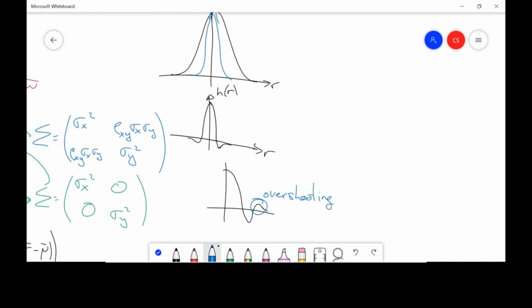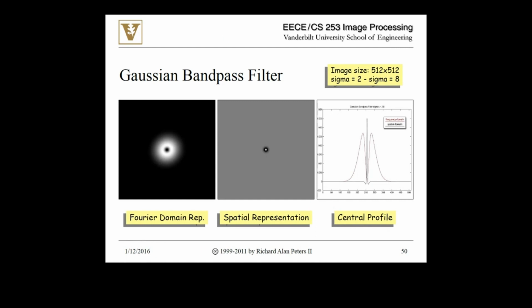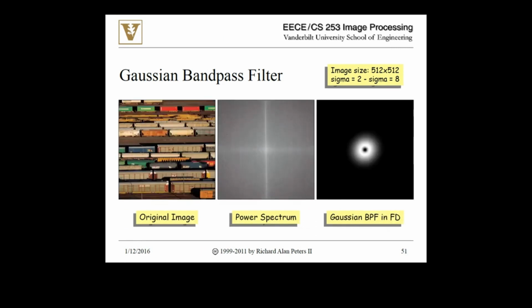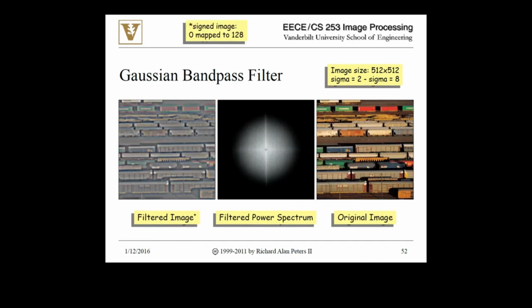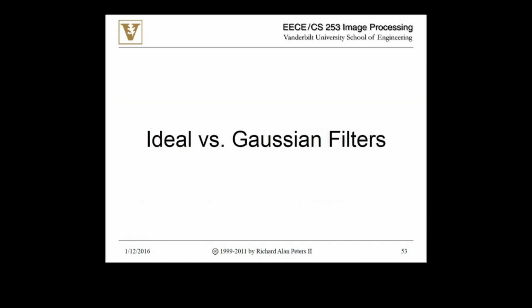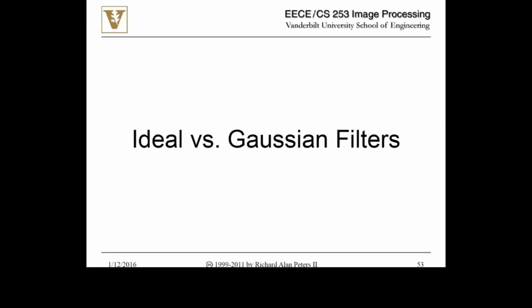The bandpass Gaussian doesn't overshoot. Okay, so there are some more examples with different widths and so on. Okay, so I think it is time to make a break.